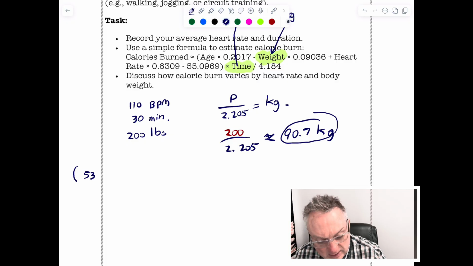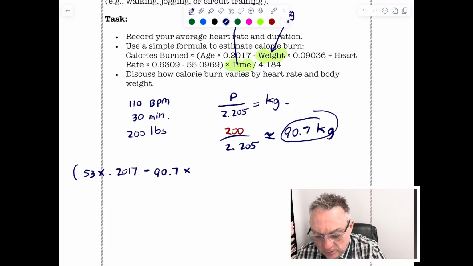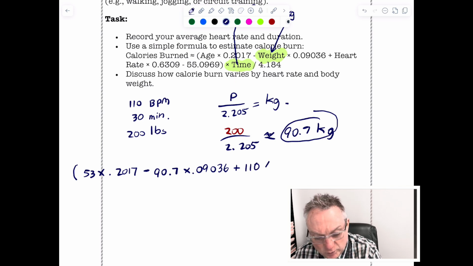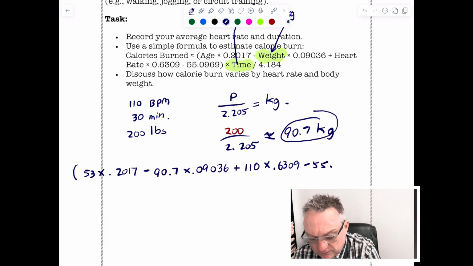So it's the age times 0.2017, that's just a constant in the formula, minus the weight, and I put in 90.7 kilograms that I calculated, times another constant of 0.09036, plus my heart rate, which was 110, times another constant of 0.6309, and then minus the constant of 55.0969.